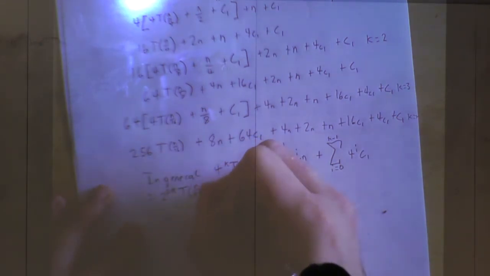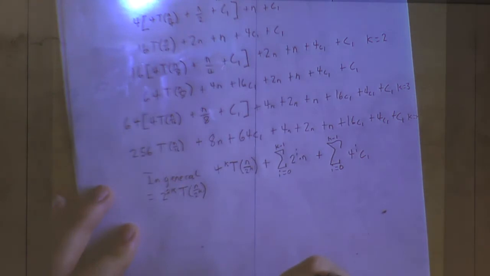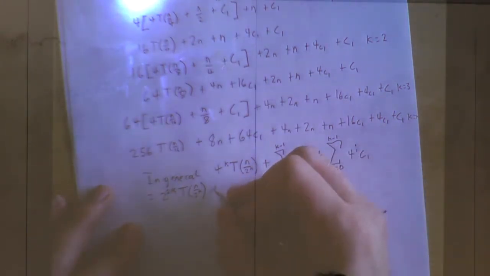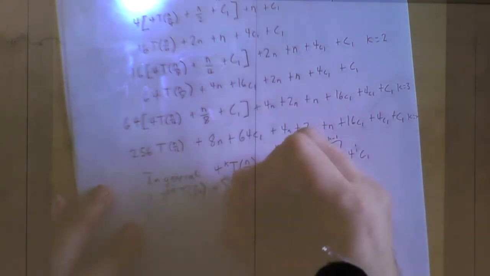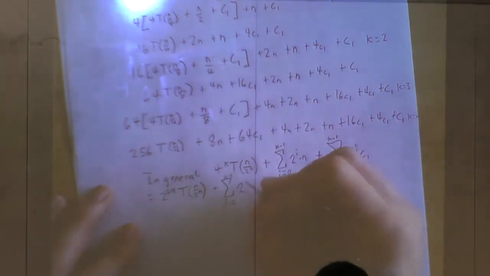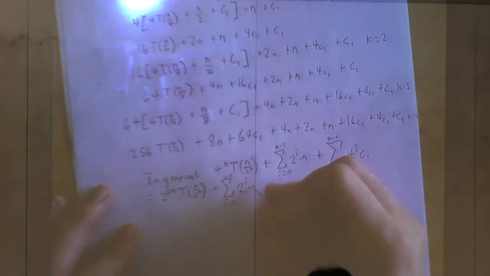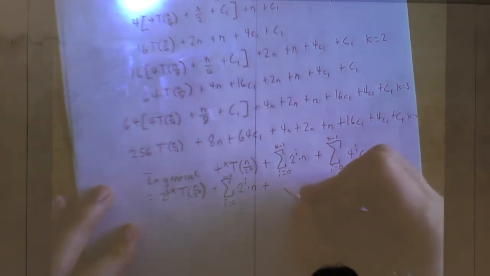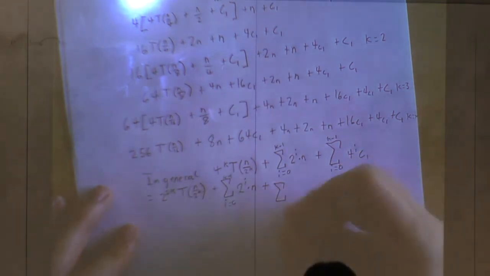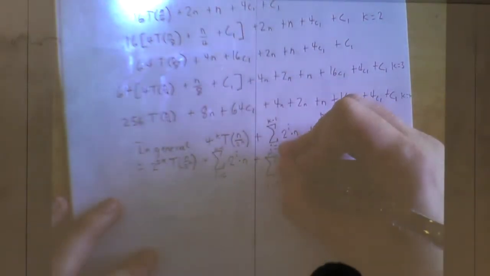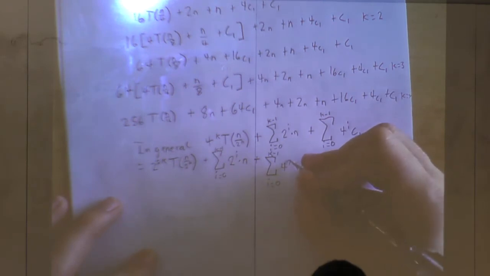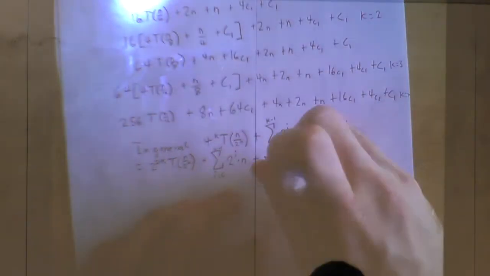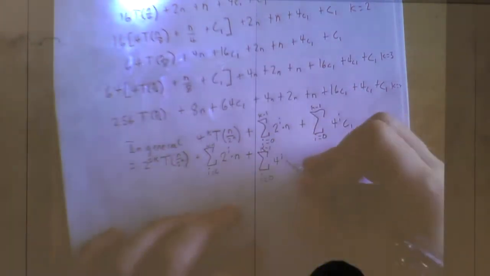And it'll become a little more clear why I did that in a second. Plus the summations that we had above. So plus the summation from i equals 0 to k minus 1 of 2 to the i times n, plus the summation from i equals 0 to k minus 1 of 4 to the i, c1.